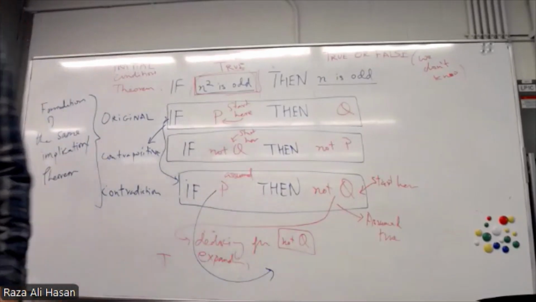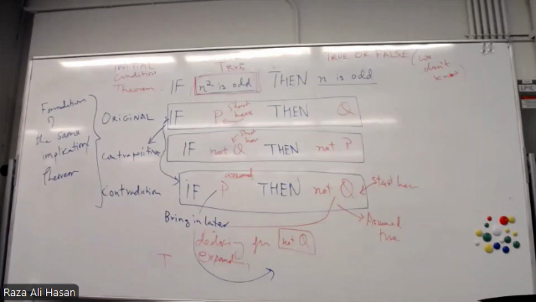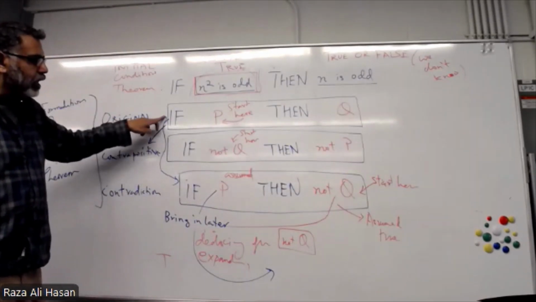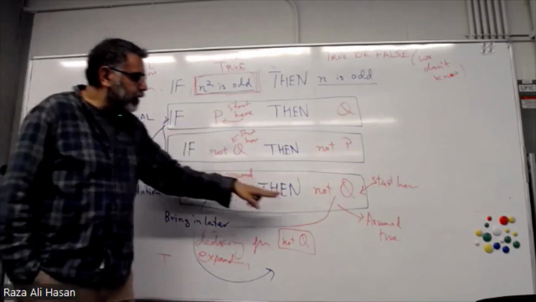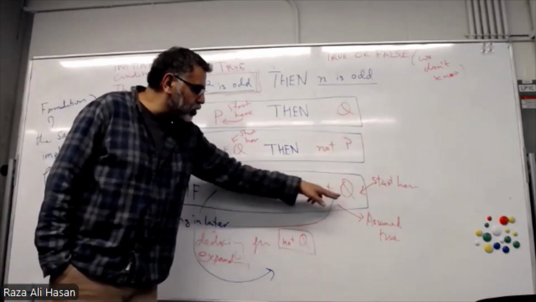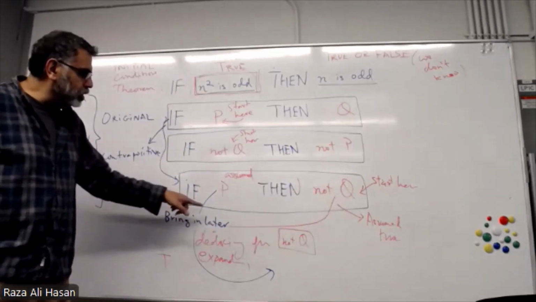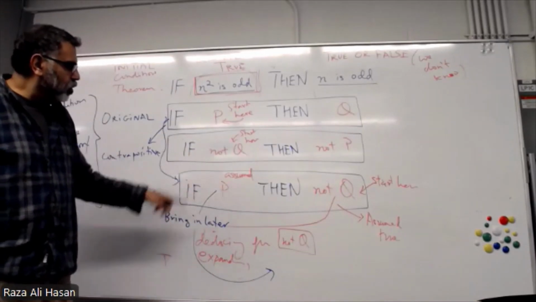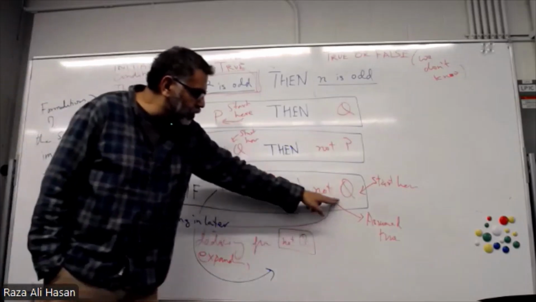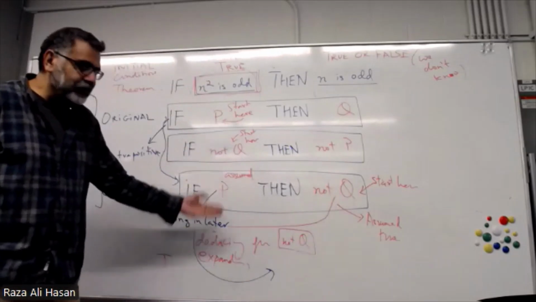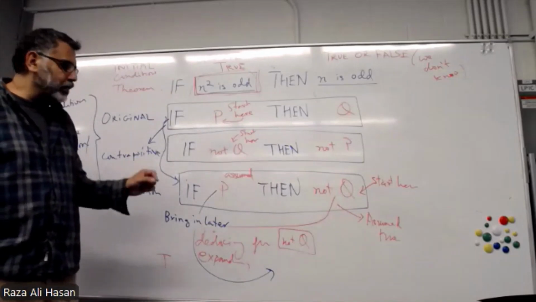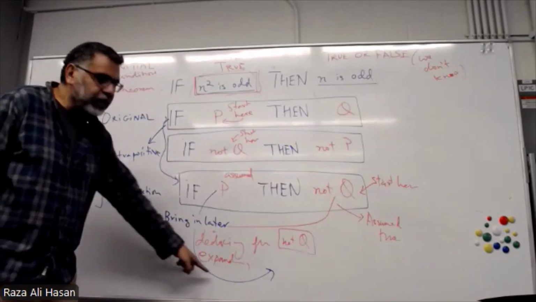Okay, so to do a proof by contradiction, we take the original implication and negate the conclusion, or consequent. We still assume the antecedent, the statement P, to be true. This is still assumed true. We don't start here. We start with the conclusion. We start deriving statements from the conclusion. And at a certain point, when it is relevant, we bring P in.